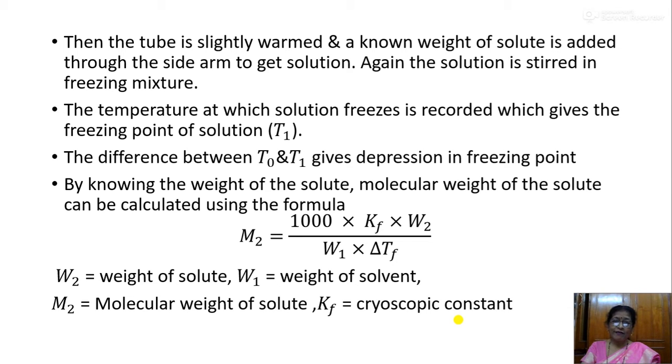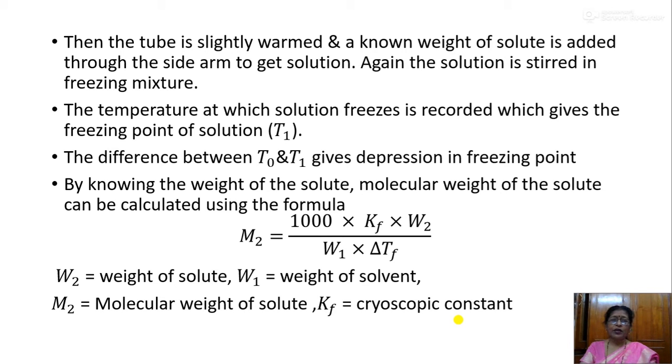By knowing the weight of the solute you have added, the molecular weight of the solute can be calculated using this formula: M2 = 1000 × Kf × W2 / (W1 × ΔTf). ΔTf is the difference in temperature of the freezing point.